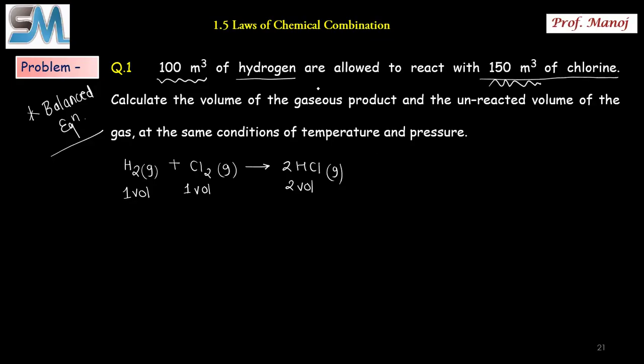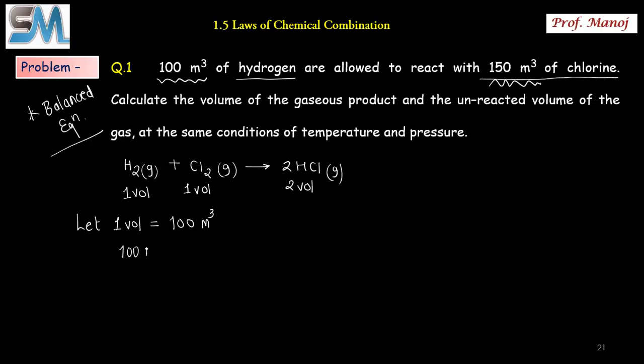Whenever in a problem you see two different volumes, we have to consider the standard unit volume as the lowest number. So among 100 and 150, 100 is the smaller number. I take that as the standard one. Substitute this 100 for one volume in all the cases.